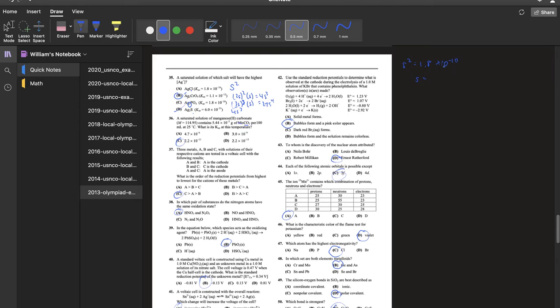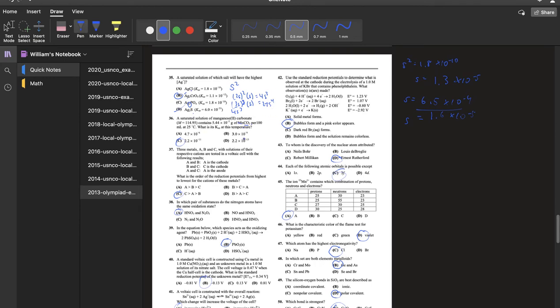I think we get something on the order of 10 to the negative 5th. Okay, 1.3 times 10 to the negative 5th. So that's for A. If we look at B, we get S equals 6.5 times 10 to the negative 4th. If we look at C, we get S equals 1.6 times 10 to the negative 5th. So obviously B wins out because it's the largest.